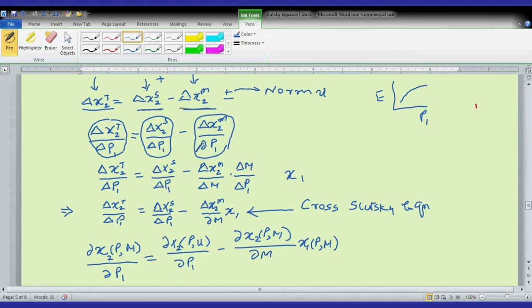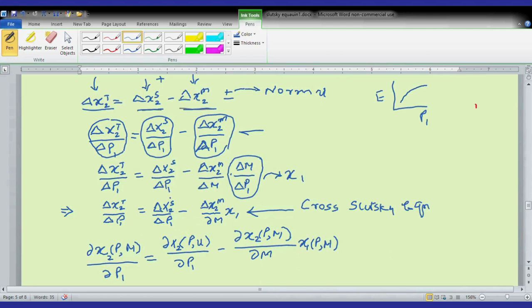So this is also delta, and then we have followed the same steps, dividing and multiplying this equation by delta m, and then rearranging the terms a little bit. See that this delta m over delta p1 we have already seen is equal to x1, and in this way we are able to obtain the cross Slutsky equation.